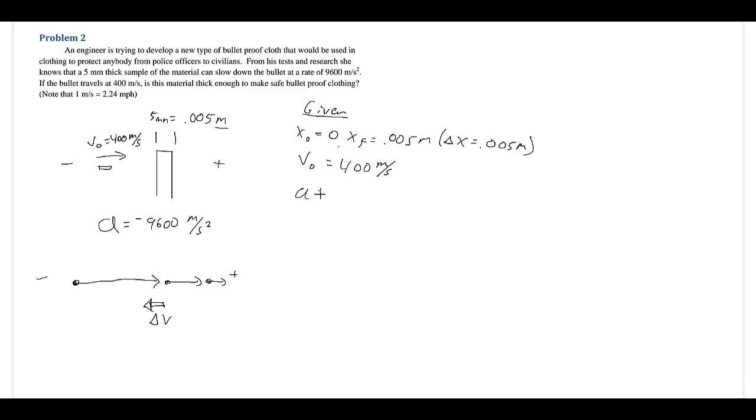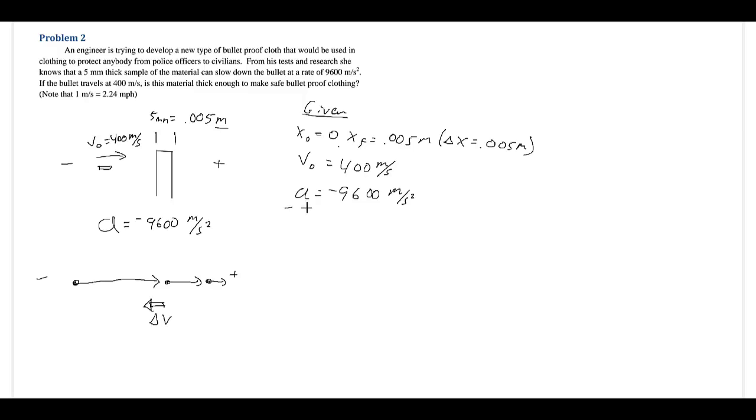We know that our acceleration is negative 9,600 meters per second squared. And that's all we know. We're hoping that v final is going to be 0, but we don't know that necessarily. So we don't really want to use that. We don't know how much time it's going to take to get through. Notice time is not given here.